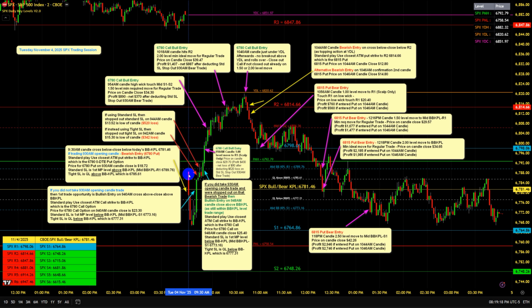However, if you've seen a lot of our videos, the way that we use this strategy is that we do take the opening candle trade, unless the opening candle is out of range, an aberration. Then it doesn't matter if it closes above or below, because it's too far out of range.